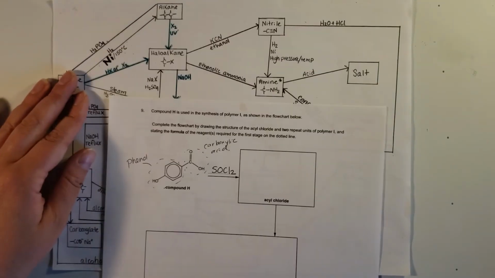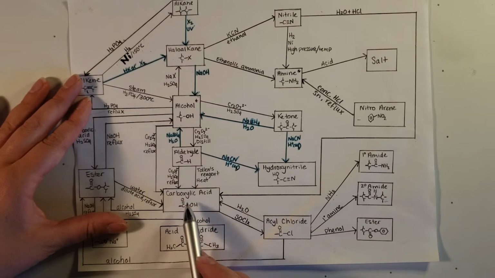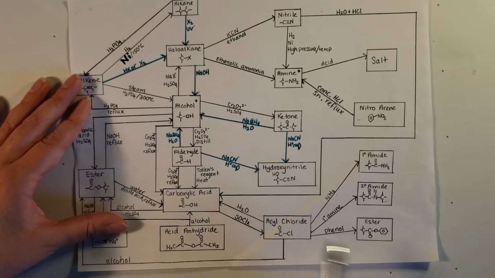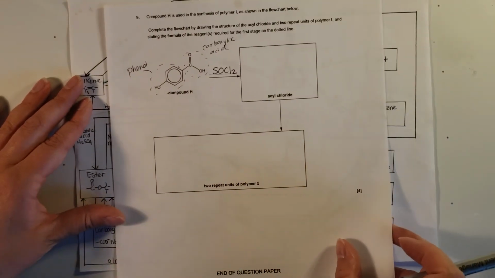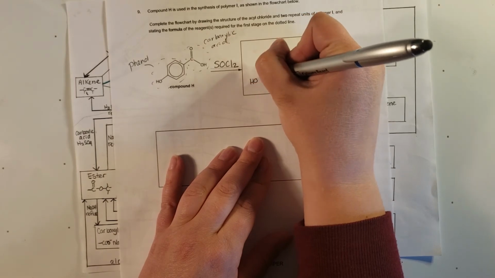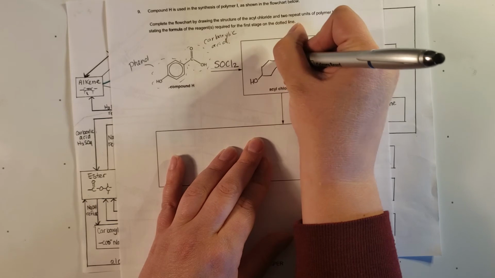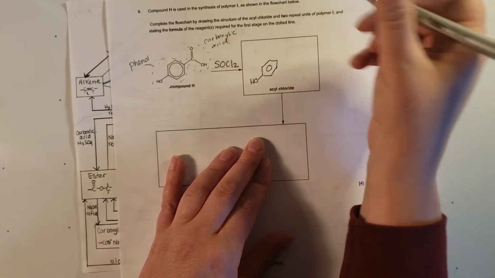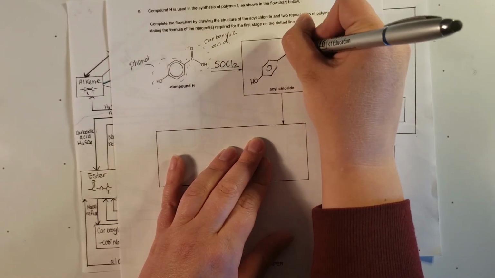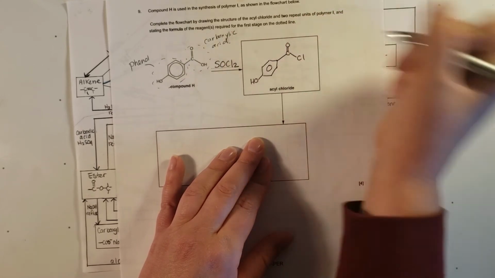Okay, and then if we quickly look at our mind map again, your carboxylic acid, the OH comes off and is replaced by a Cl. So that's what we're going to do here. And that OH becomes a Cl. So that's our acyl chloride.